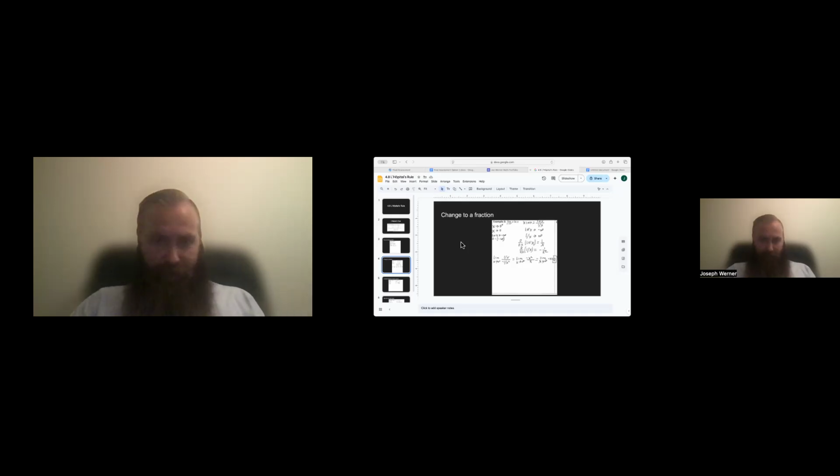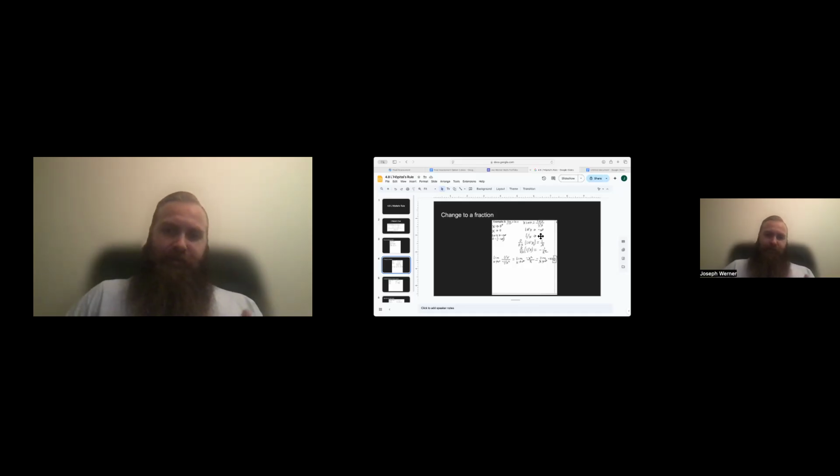So to rewrite it, we're going to do x ln x equals ln x over 1 divided by x. Now it's a form of negative infinity over positive infinity, as we see right here.